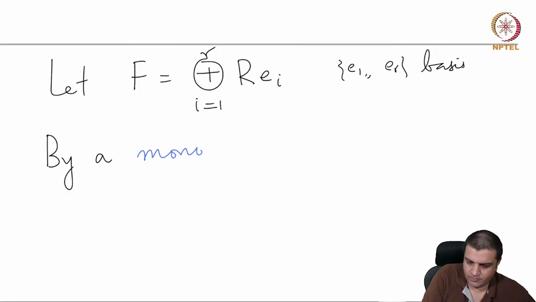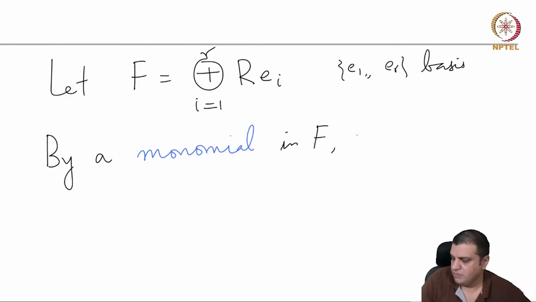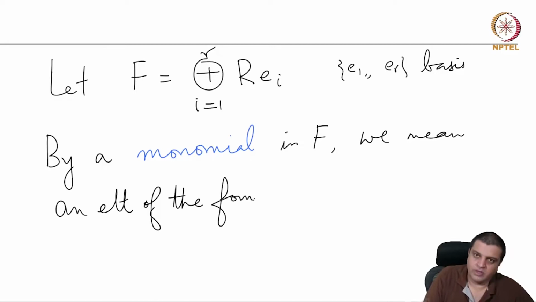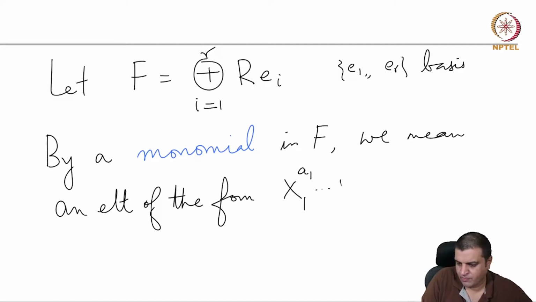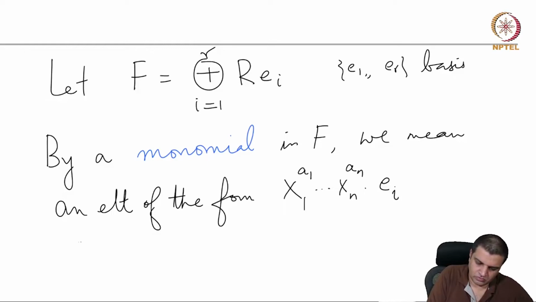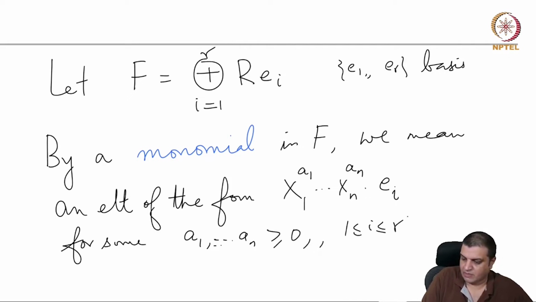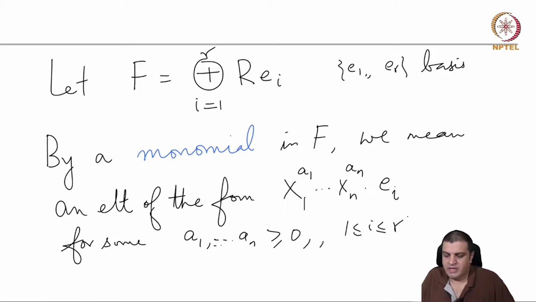By a monomial in F, we mean an element of the form, a monomial in the polynomial ring times a basis element e_i, for some exponents a_1 through a_n non-negative, and 1 ≤ i ≤ r. So this is what we mean by a monomial in F.